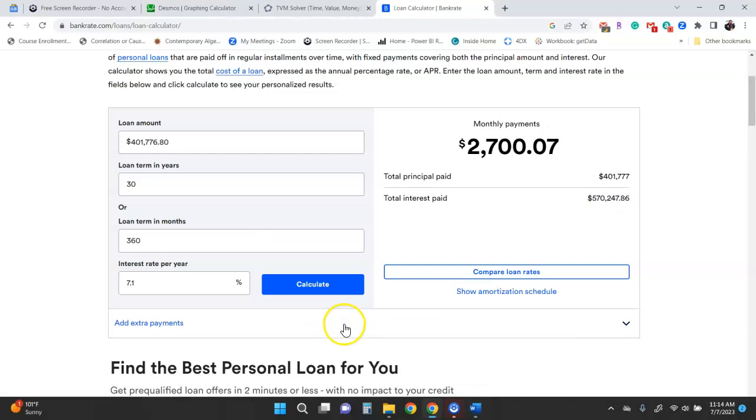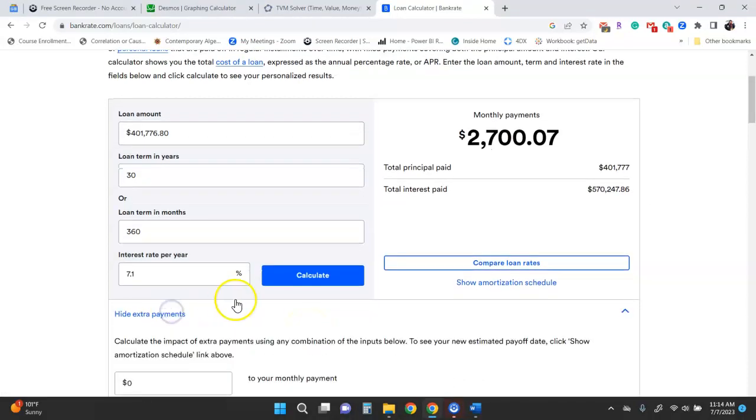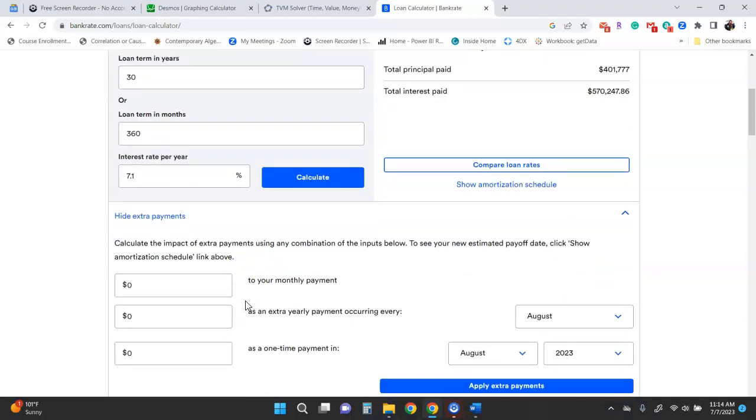But if we go down to add extra payments, notice what's going to happen. We want to add an extra $50 to my monthly payment. If we apply those extra payments, take a look.